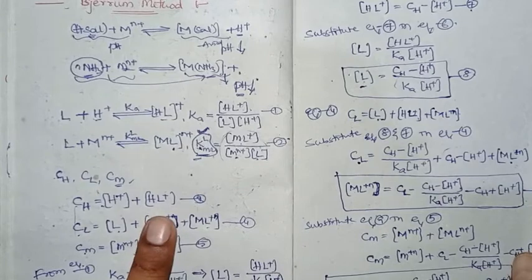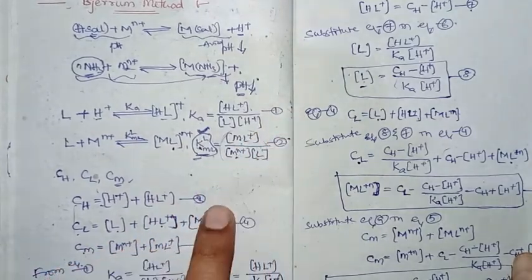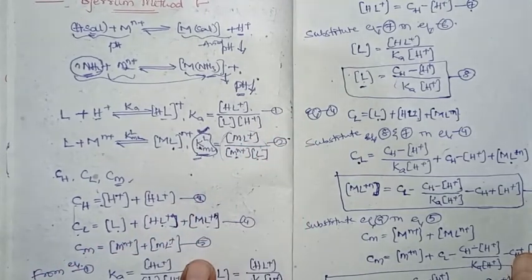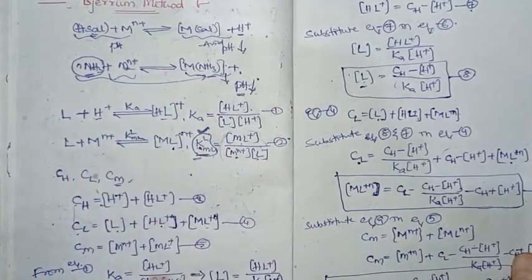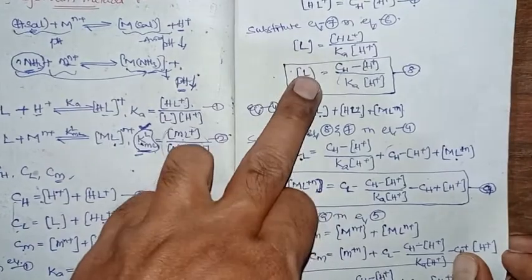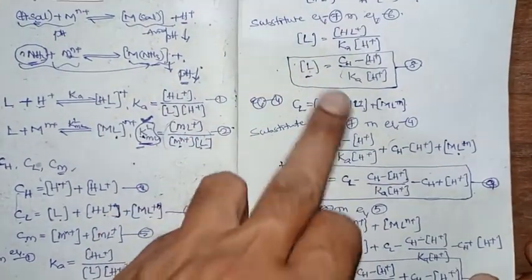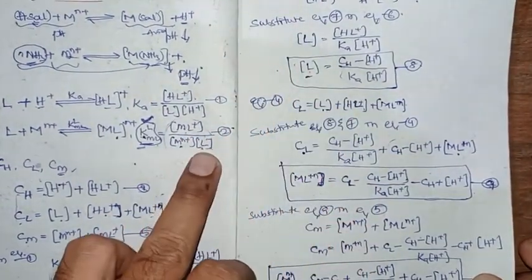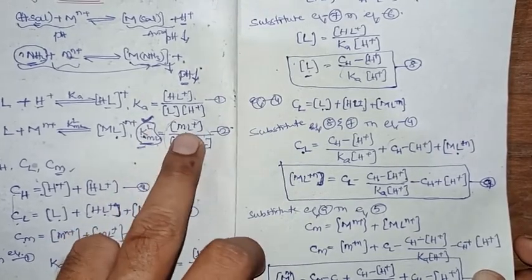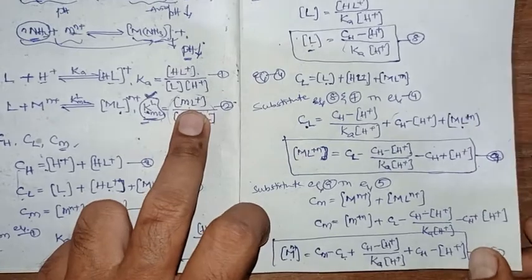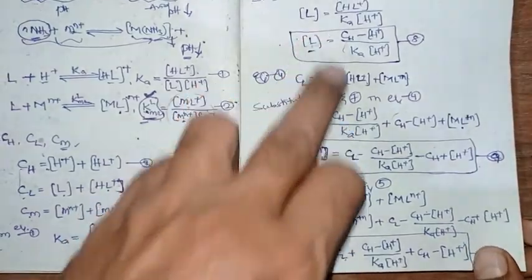And these equations 1, 2, 3, 4, 5, with replacements and simplifications, give equations number 8, 9, 10, which are the equations for the unknown ligand concentration, remaining metal concentration, and complex concentration, in known terms.